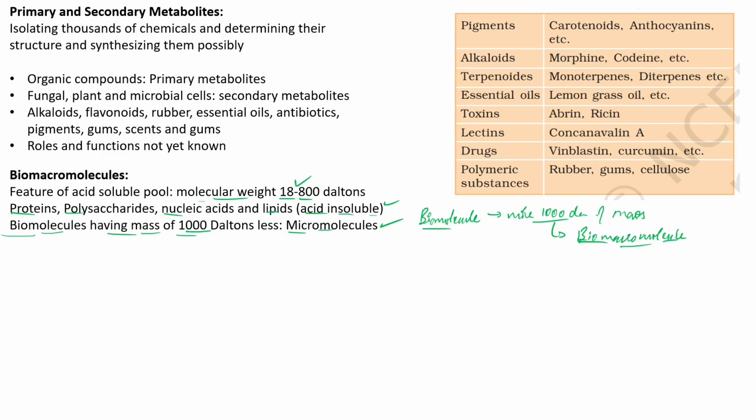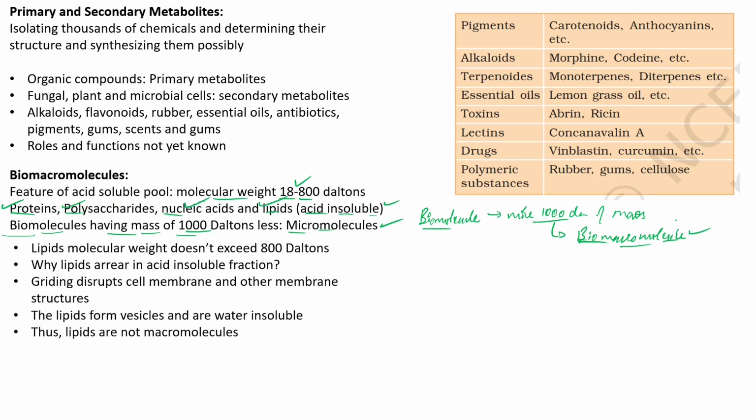Roughly speaking, protein is a biomacromolecule, polysaccharide is a biomacromolecule, nucleic acid is too, and so is lipid. We call them biomacromolecules. However, there is an exception to this rule, and that is mainly the lipids.